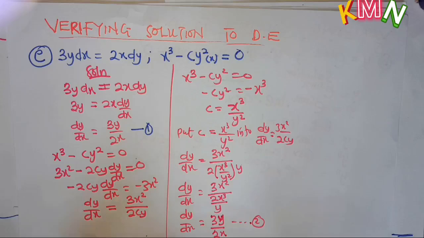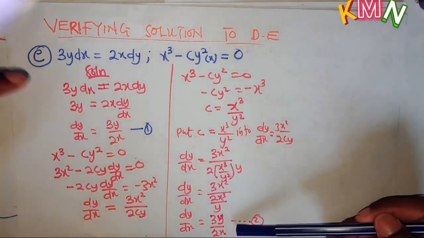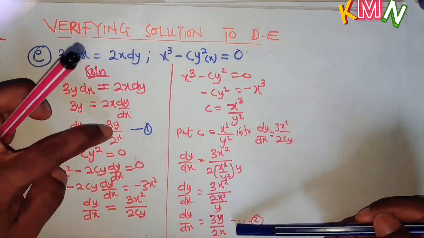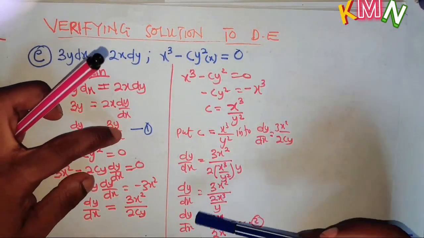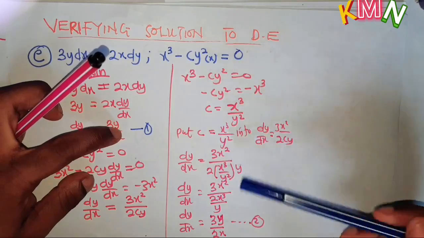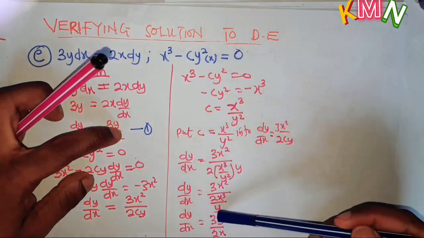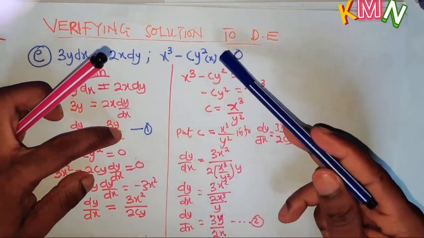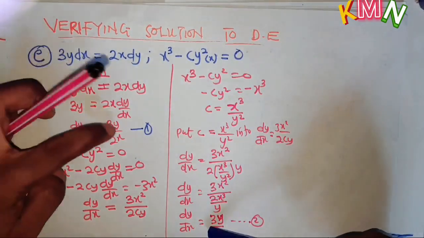So you can see clearly that when we compare these two from the derivative, we have dy dx equals 3y on 2x. The same thing from here, when we simplify after differentiation, we have dy dx equals 3y on 2x. So when you substitute this one from the function into this side, it will be the same.